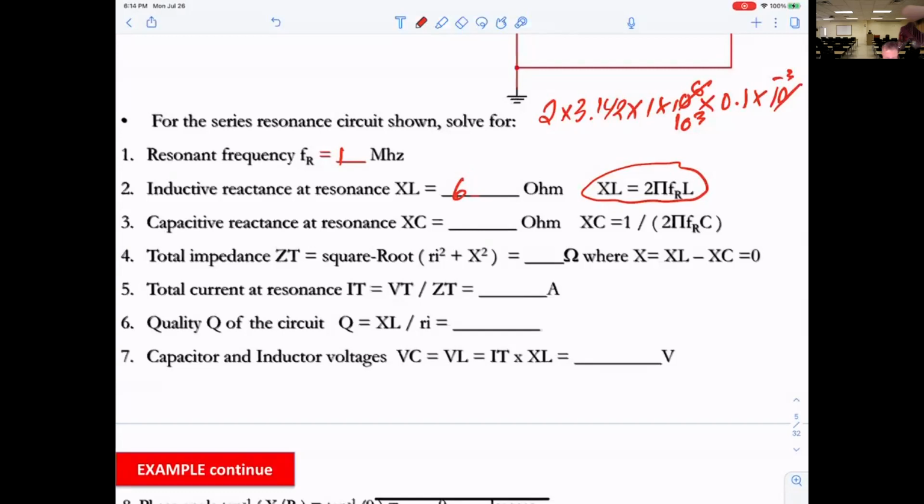You take 2 times 3.142 times 0.1, you get 0.6084 times 10 power of 3. I get 608.4. 0.628, yes, it's true.